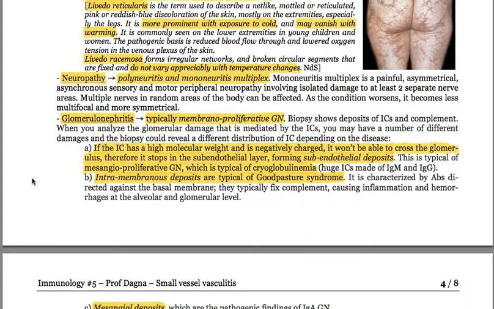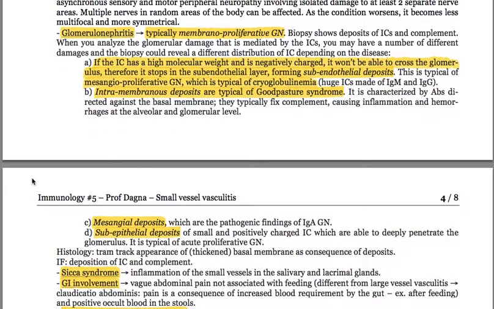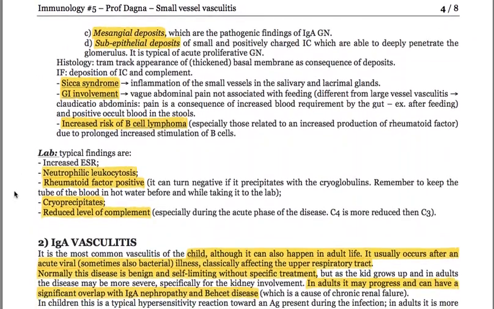We have also intramembranous deposits, which are typical of Goodpasture syndrome. It's characterized by antibodies directed against the basal membrane, typically fixing complement, causing inflammation and hemorrhages at the alveolar and glomerular level.